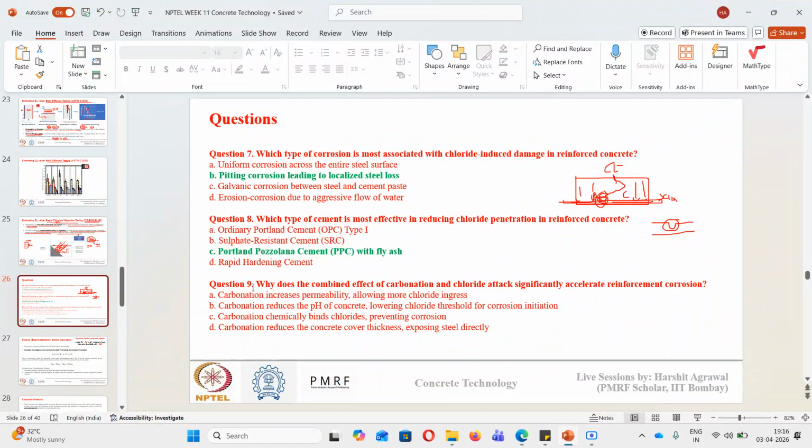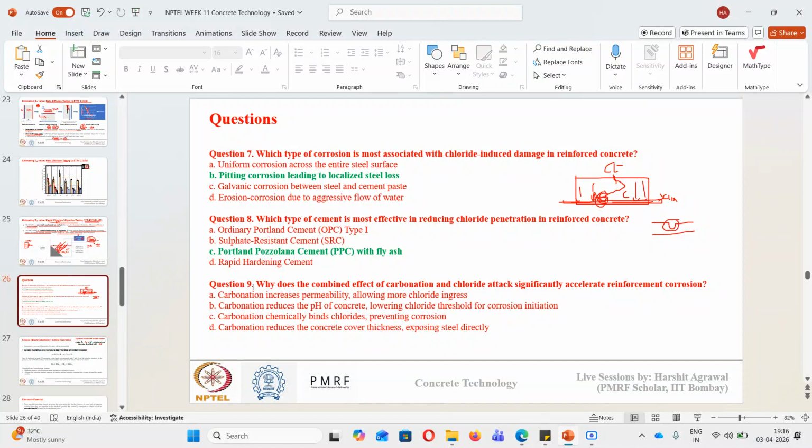Question number 9. Why does the combined effect of CO2 plus chloride attack significantly accelerate the reinforcement corrosion? Suppose both CO2 exposure and chloride exposure are severe. So why in such a condition is the reinforcement corrosion getting accelerated?